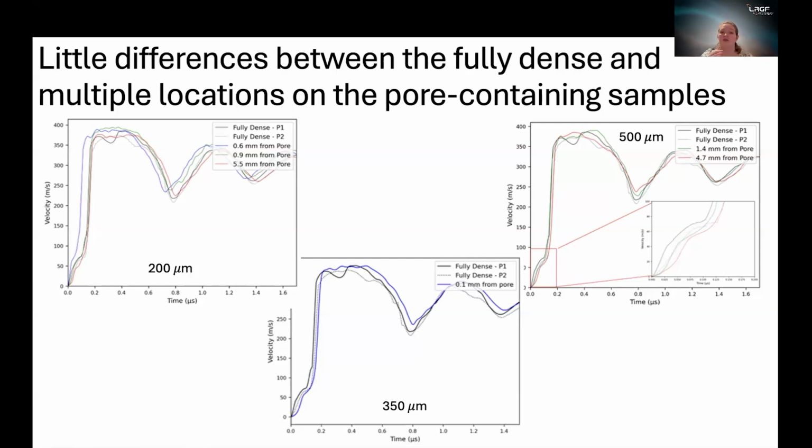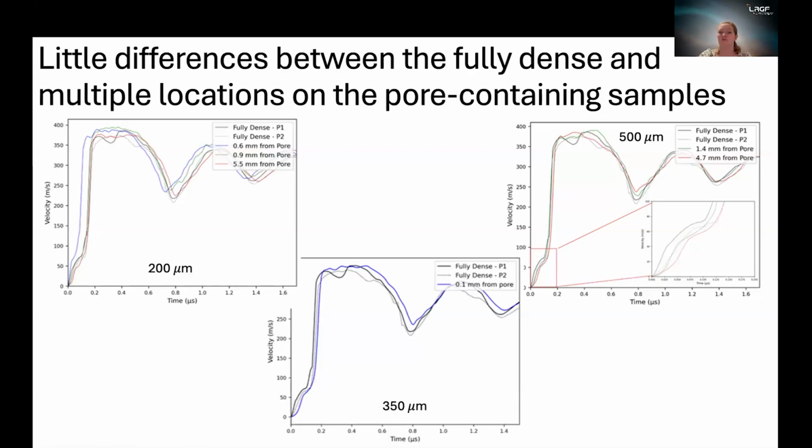There are some differences in the rise time, which is from the start up to that velocity plateau that we discussed earlier, as well as slightly different slopes after that velocity plateau and on the next rise. There are some differences, but these can't be specifically attributed to the presence of the pre-existing pores. Rather, they could be due to just general heterogeneity present in the materials.